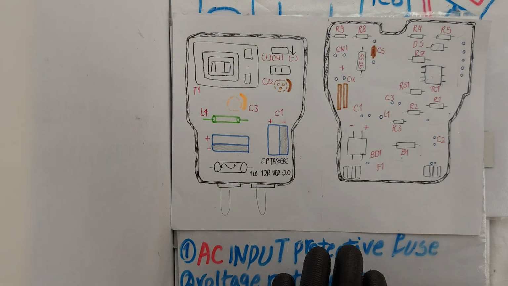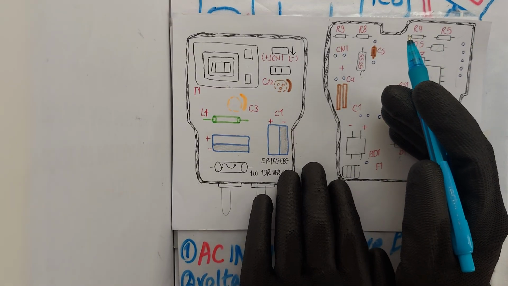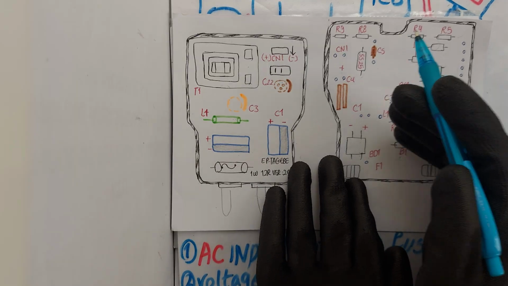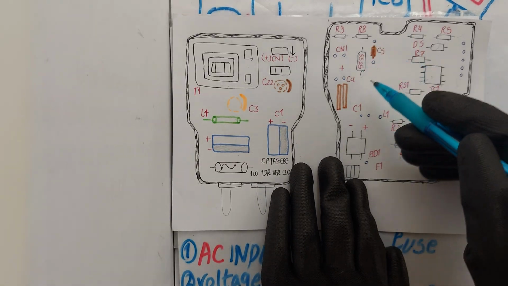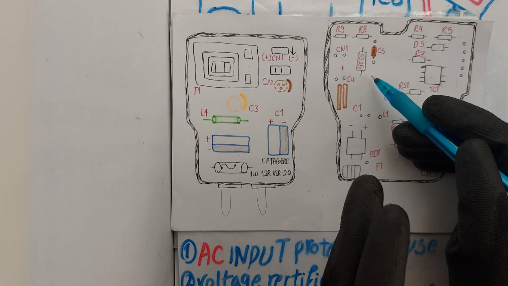Now we come to the fourth step, output rectification and filtering. The transformer's secondary voltage, about 5 volt AC, is first rectified by a fast diode or Schottky diode right here into direct current DC.